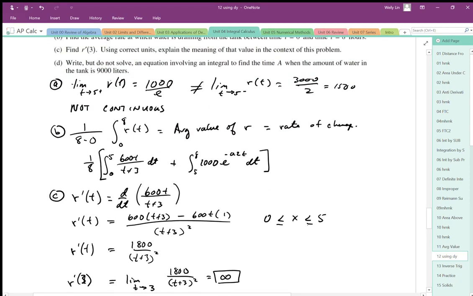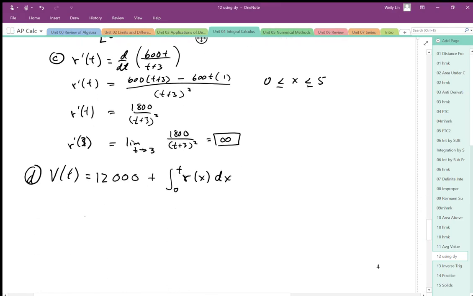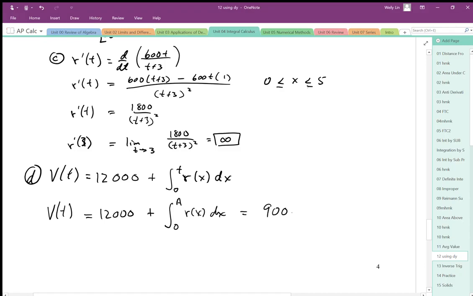To find the time A when the tank is 9,000 liters, we could say that the integral from 0 to A of R(x) dx is equal to 9,000 liters.